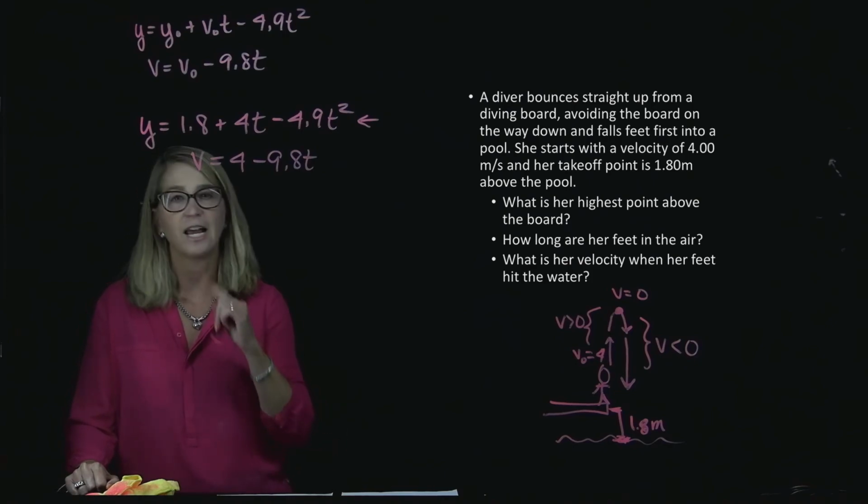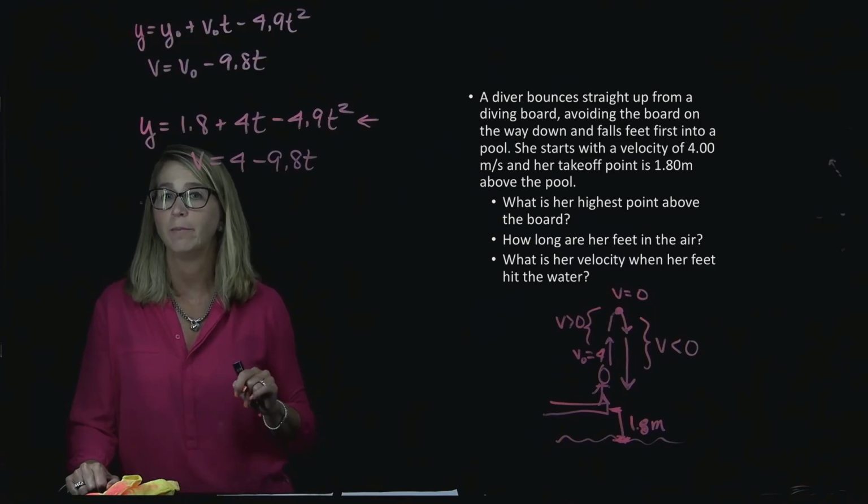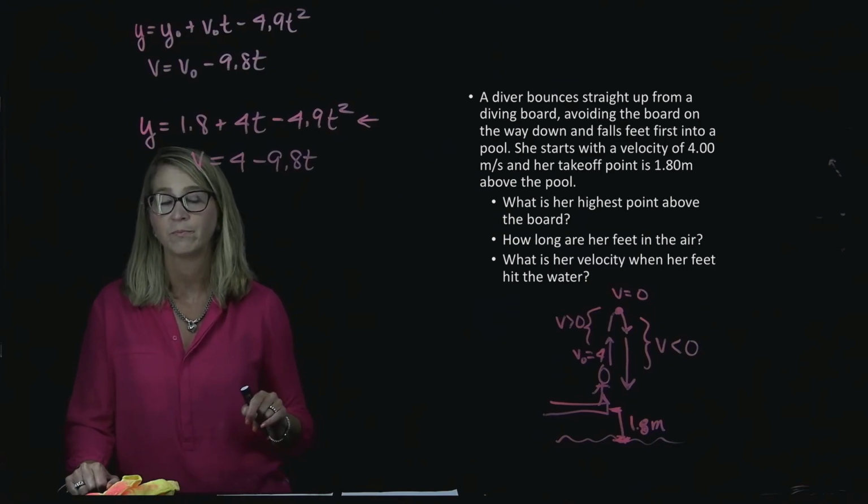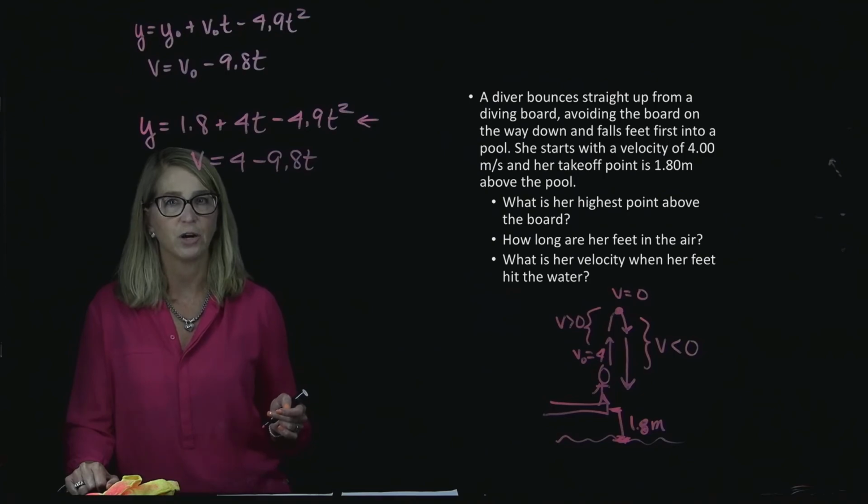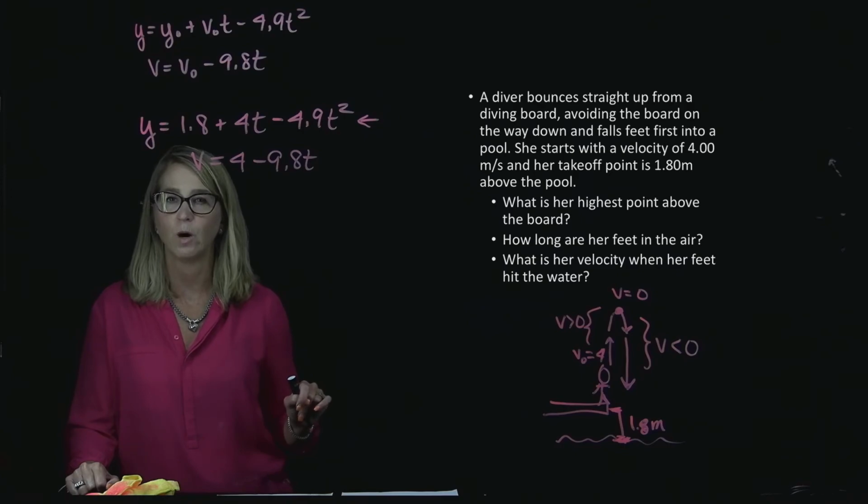In a sense, they're asking, when does she hit the water? And I have to ask myself, what do I know about when she hits the water? I don't know how fast she's going, but because I've let the water be my reference point of y equals 0, I know that when she hits the water, y will be 0.